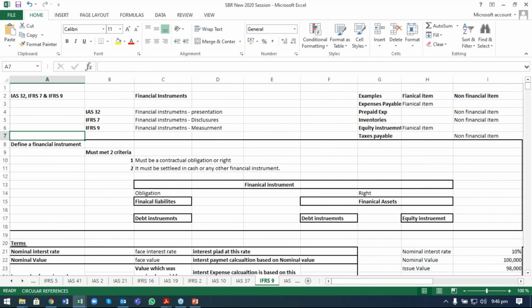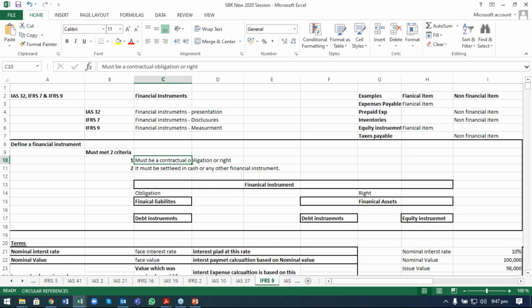One more thing: we have to identify how financial and non-financial items should be bifurcated. Any asset or liability that should be named a financial item should meet these two criteria.